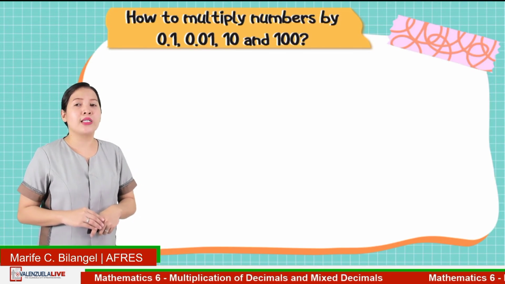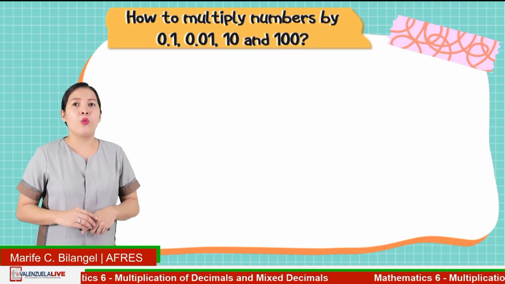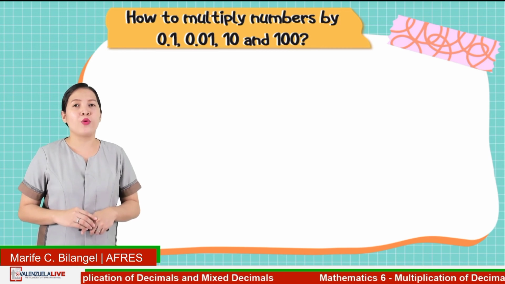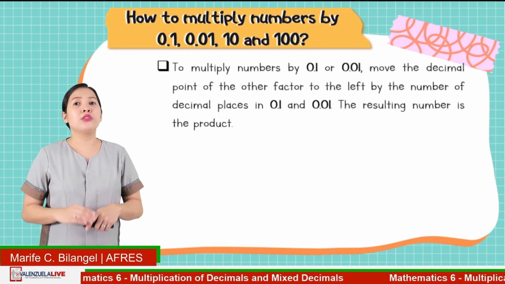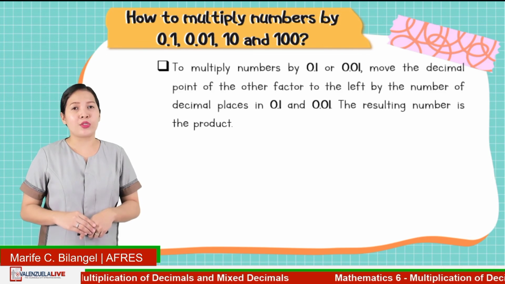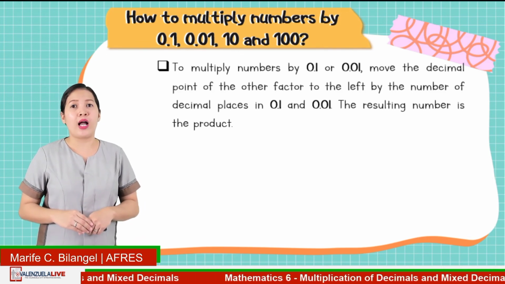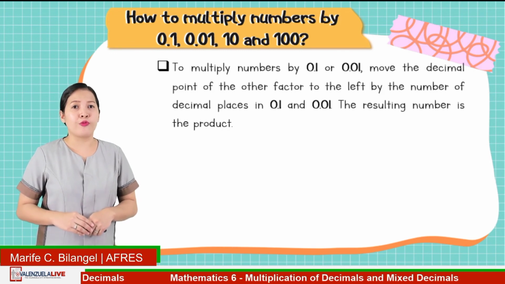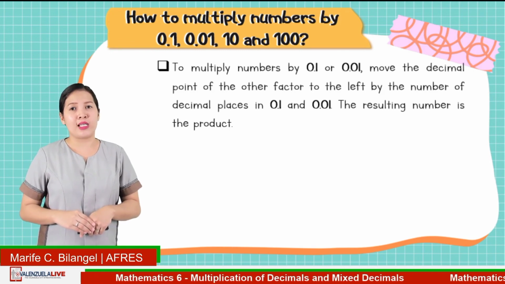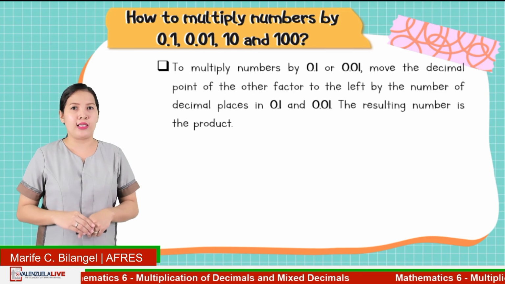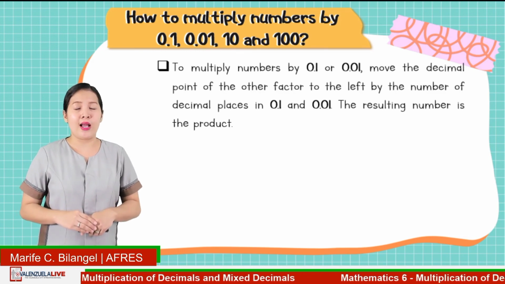How to multiply numbers by 0.1, 0.01, and so on. To multiply numbers by 0.1 or 0.01, we just have to move the decimal point of the other factor to the left by the number of decimal places in 0.1 or 0.01. The resulting number is the product.